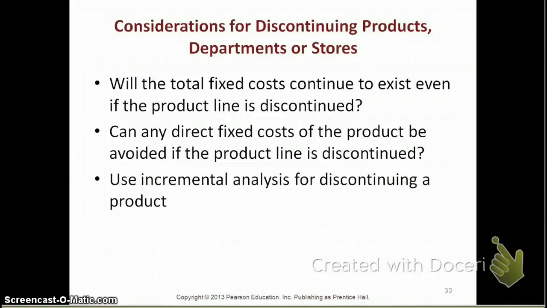When we do this analysis, we're going to use our incremental analysis for discontinuing a product. So any revenues from the discontinued product will be treated as loss of revenue, and any costs that we would have spent on that particular product will be shown as cost savings.